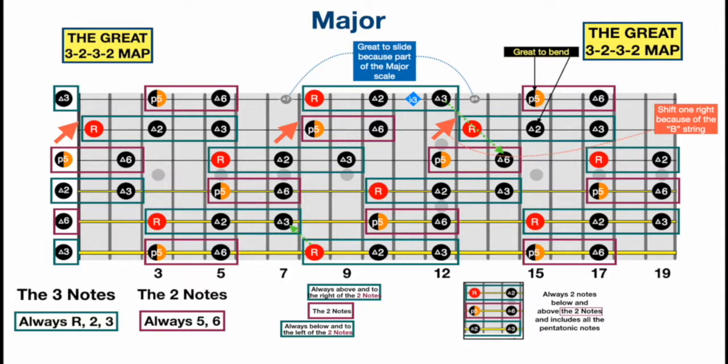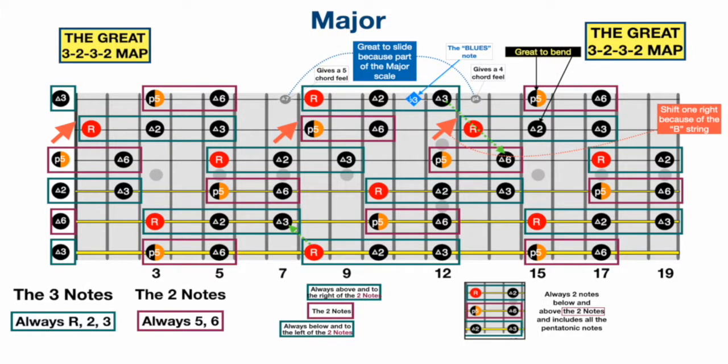You can play these notes because they're very easy to slide in and out of, since they're part of the major scale. This note in particular gives a very nice 4-chord feel, and this note here, the 7th, gives a very nice 5-chord feel. And of course, the blues note is always there for you to use.